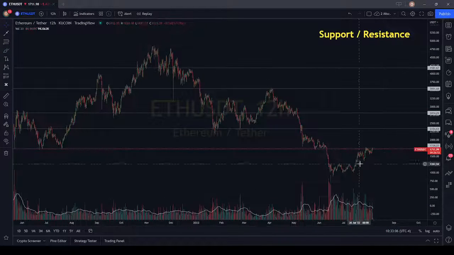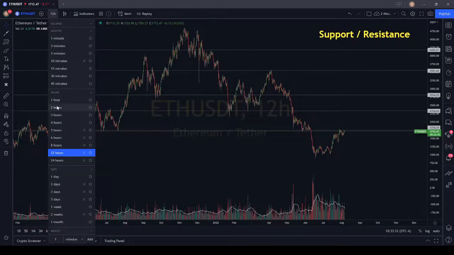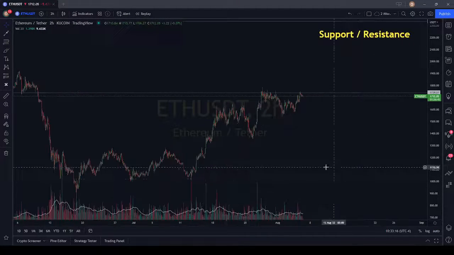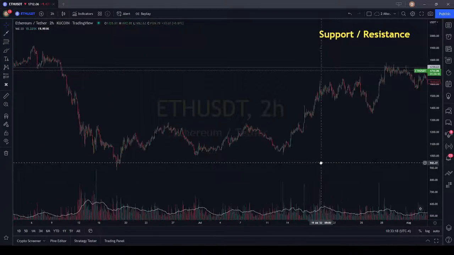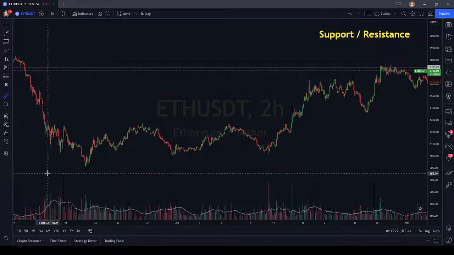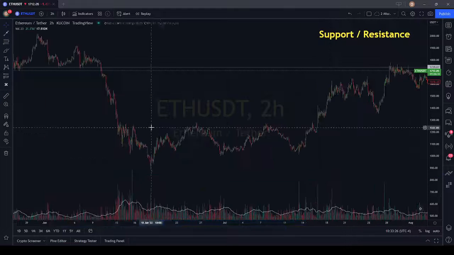We can actually even zoom in, because this works on all time frames. If we go down to a 2-hour chart, let's make this a lot bigger so we're seeing it a lot more. Now we're zoomed into just a matter of a couple days. How far is this? This is a month of data here.